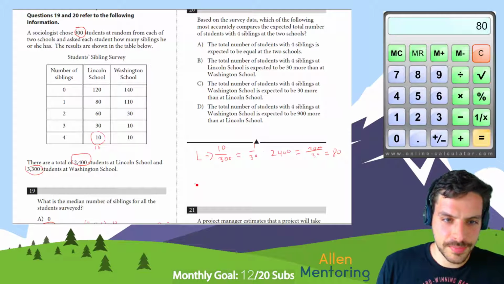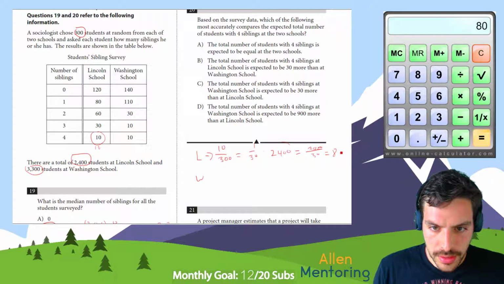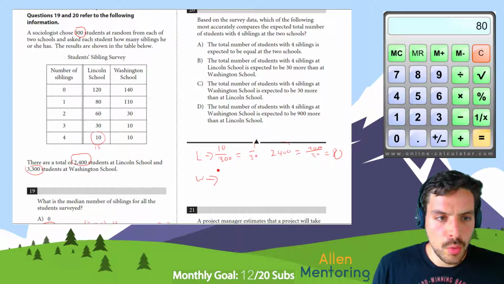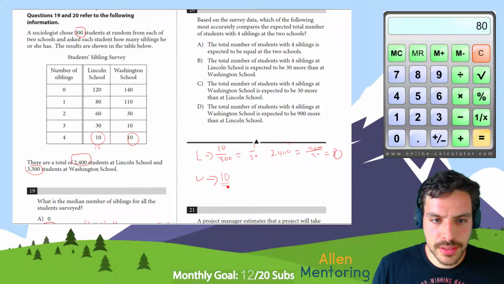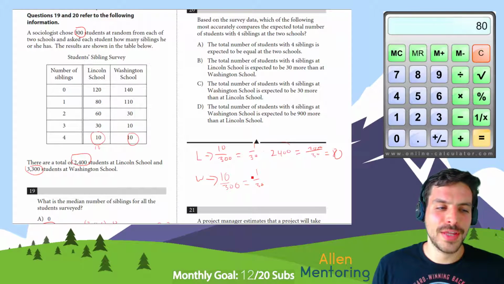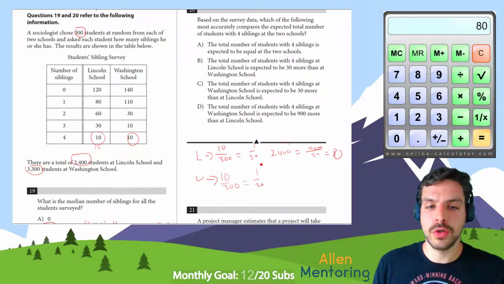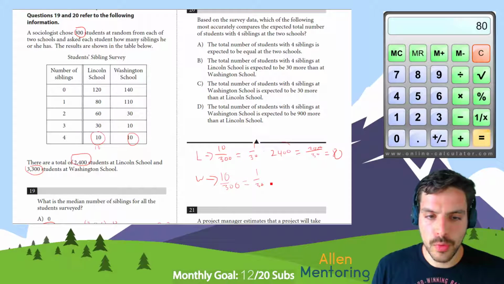What about at Washington? Well, at Washington, we also see that there are 10 out of 300 students who answer that they have 4 siblings. So we can assume that in the entire school, there are also 1 out of 30 students who have 4 siblings.